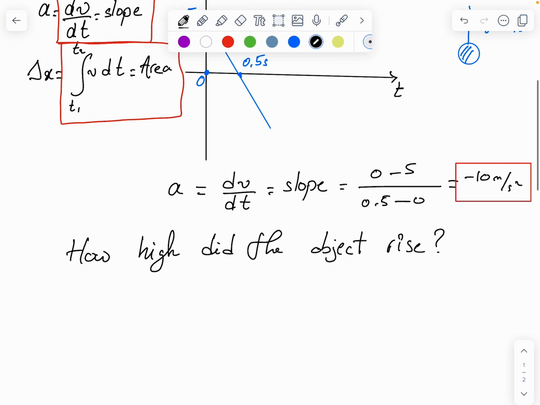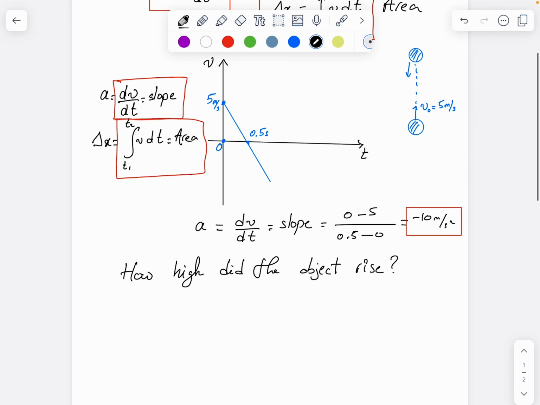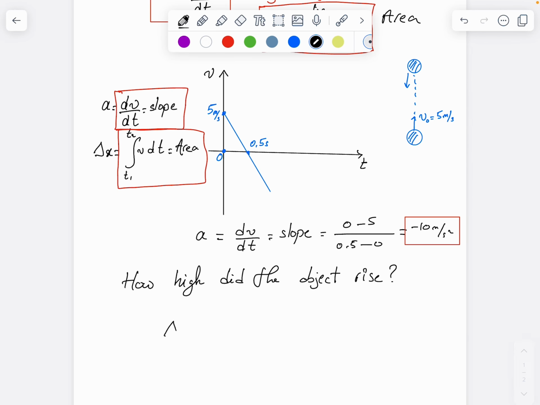So to find the displacement from the graph, we already know it's the integral of v dt. Instead of delta x, I will write now delta y because it's a vertical displacement. So it's the integral from time 0 till time 0.5 of the velocity times dt.